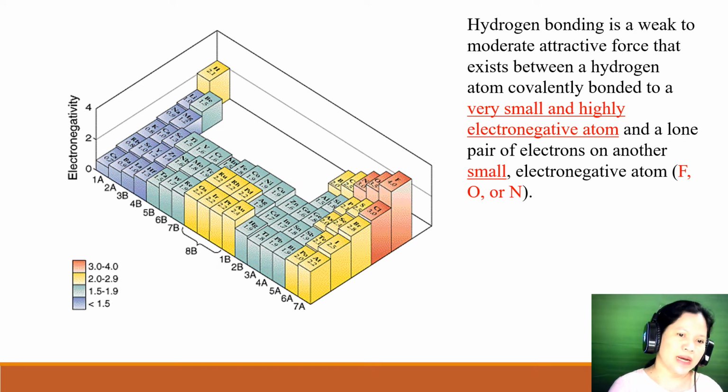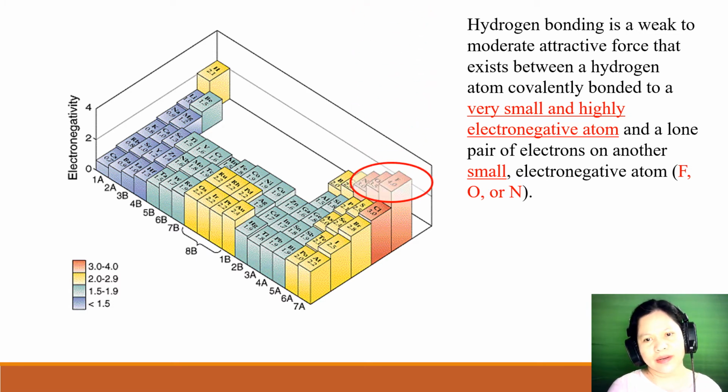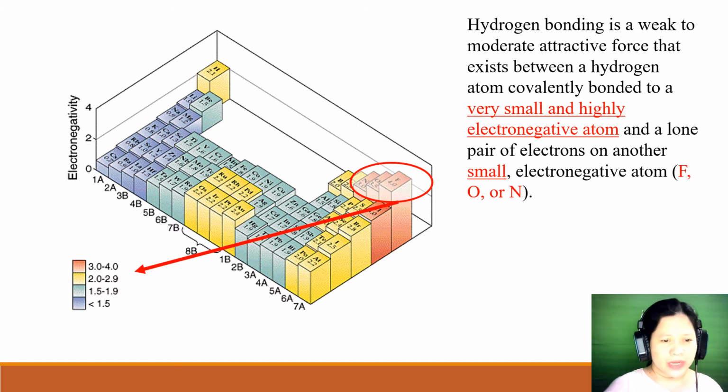Now here is a periodic table showing the electronegativity. Let's take a look at oxygen, nitrogen, and fluorine. Their electronegativity ranges from 3 to 4, and less than 1.5.